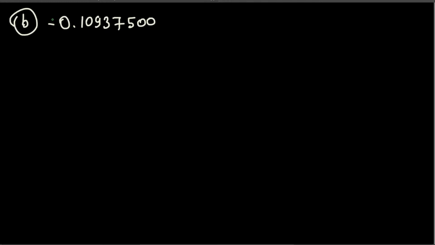Here this is a negative number, so the sign bit is going to be 1. And to find out the mantissa and the exponent, I have to convert this into binary. So I take the positive part of it, 0.109375, and multiply this by 2 until I get 0.00.